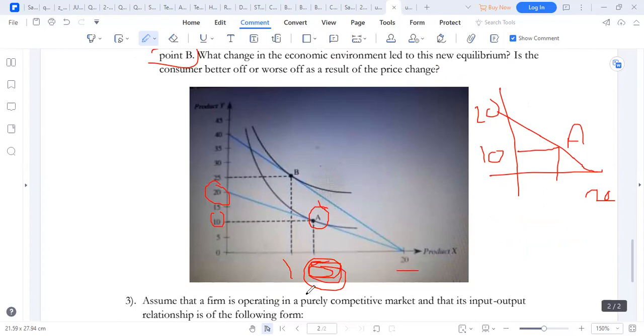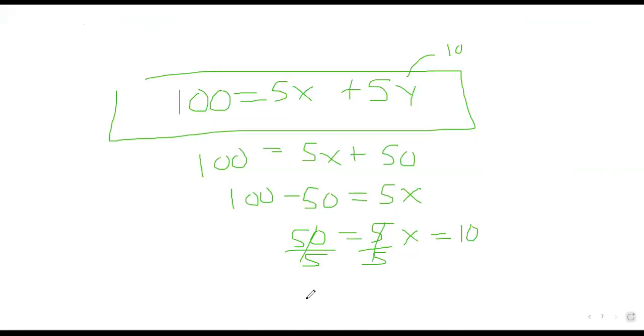Before we analyze this question, I need you to understand that a budget line looks like this. If we have Y here and X there, the only reason that will cause us to tilt inwards here is when good Y becomes expensive.